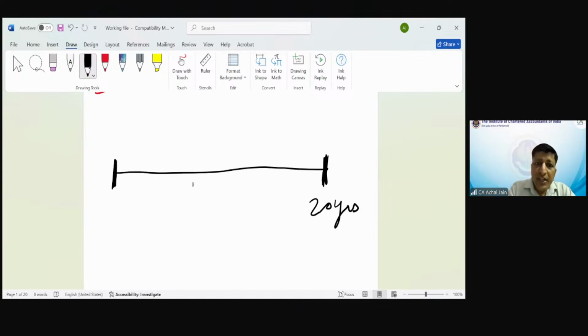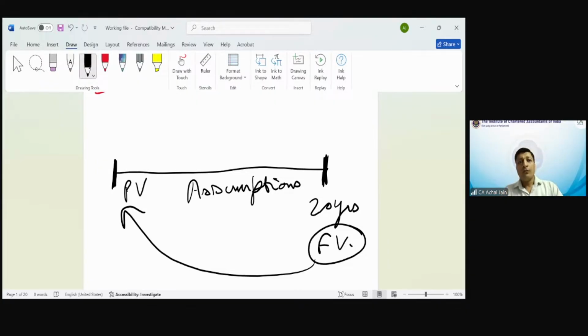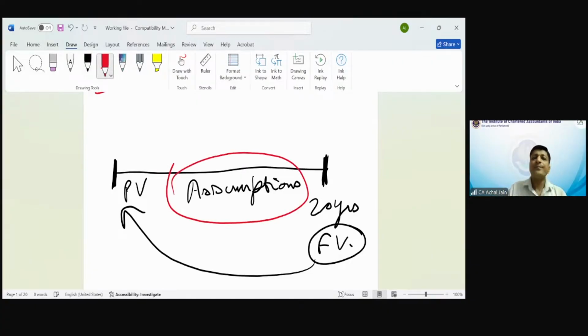So using a lot of assumptions, the actuary will compute the liability, which is nothing but the future value. And when you record this, you record it while computing its present value. So in a way, when you record a liability today, you are recording the liability which is full of these assumptions.